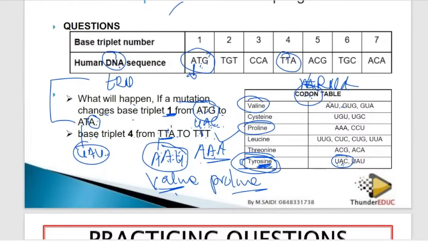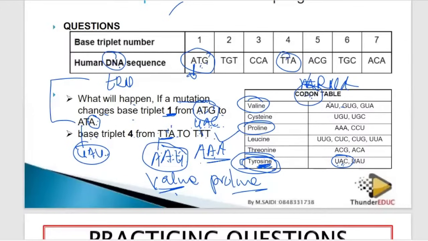You understand? Hence a different protein. A different sequence of DNA will lead to a different sequence of messenger RNA, which leads to a different sequence of transfer RNA with its amino acids, which leads to a different protein.